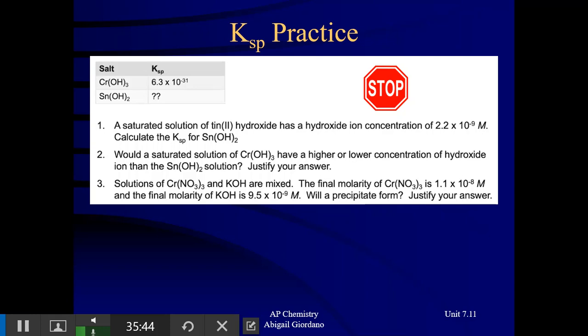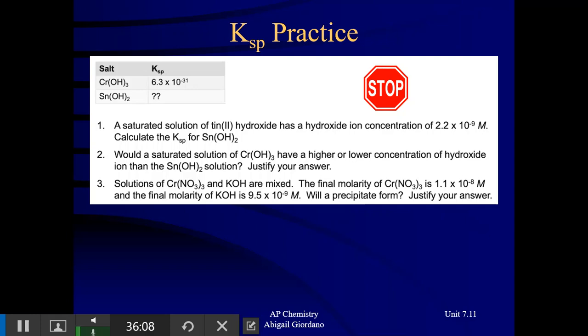That's not going to be the precipitate. The other product, chromium hydroxide, is an insoluble compound. And move your eyes up in this problem, we have the KSP value for that. So in number 3, the precipitate they're asking us to predict is chromium hydroxide.